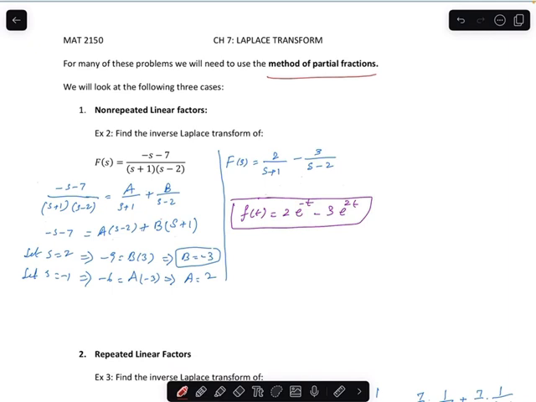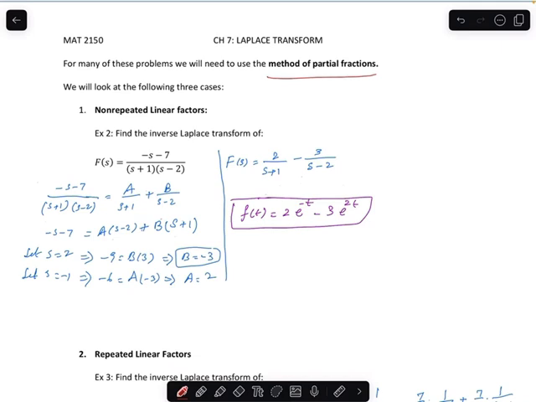So we will consider three cases. First one, non-repeated linear factors. If in the denominator of the Laplace transform we have linear factors, where each of them is a different factor, we write the transform as a constant over the first factor plus another constant over the second factor plus a third constant over the third factor and so on.